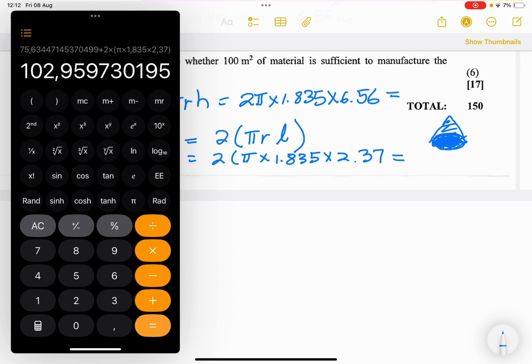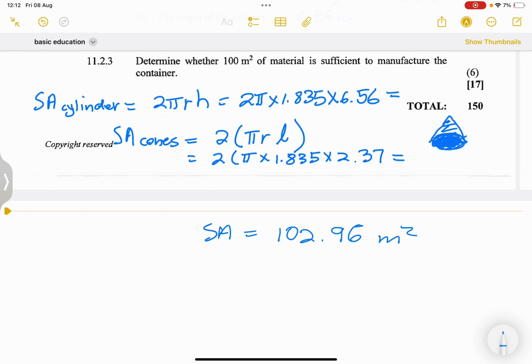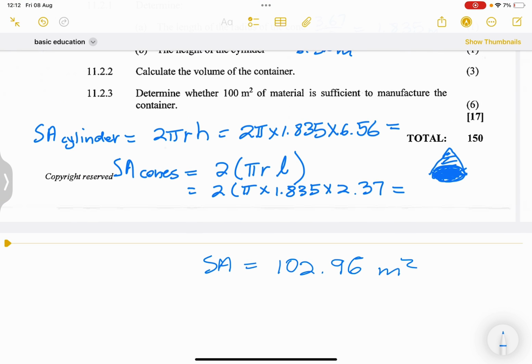Okay, right, I get a total area. Okay, so the total surface area that I've got in this case would be 102.96 square meters. And remember, they gave us 100 square meters of material.